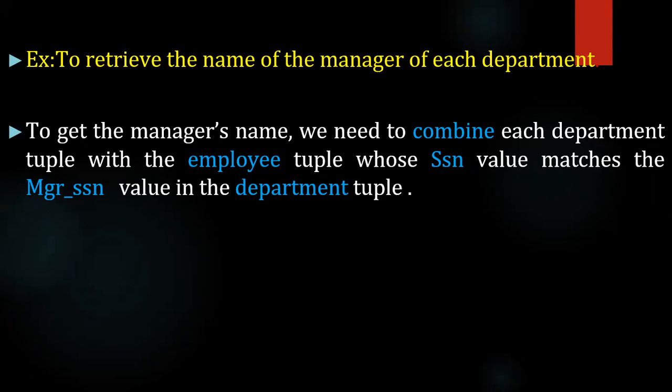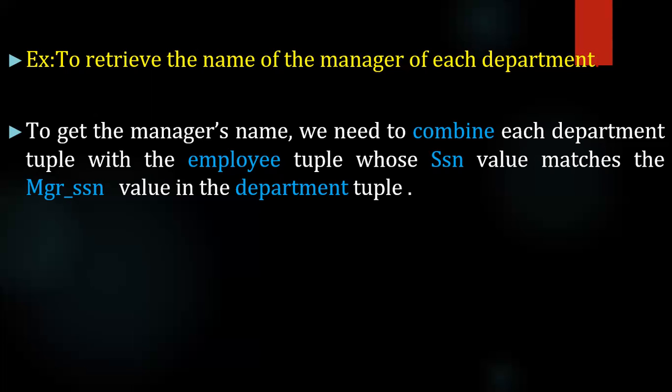Now let's see how to write the query using equijoin. We can say an employee is a manager if the SSN of the employee is equal to MGR SSN available in the department. Means if the employee behaves as a manager of some particular department, then the SSN of the employee table should also be available in the department table.